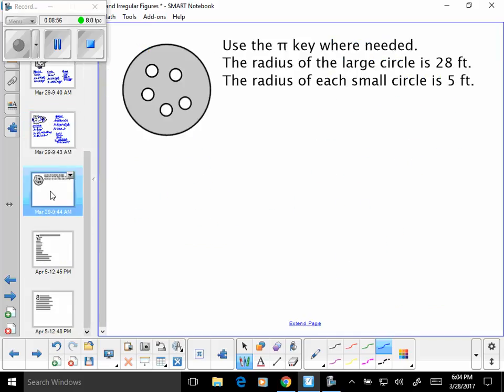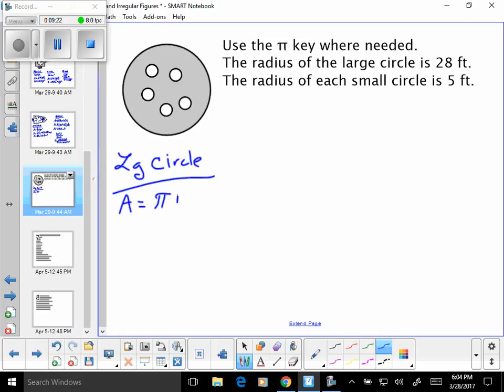My last example, they tell me what the radius of the large circle is, that's the shaded one, if that were all complete, and then the radius of each small circle is 5 feet. They want me to find out what's the shaded area once I take out the circles. Okay? So I'm going to do the large circle first.